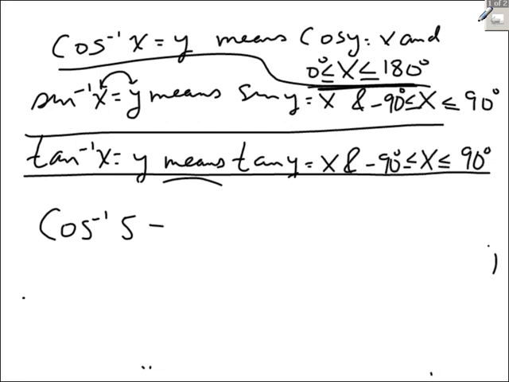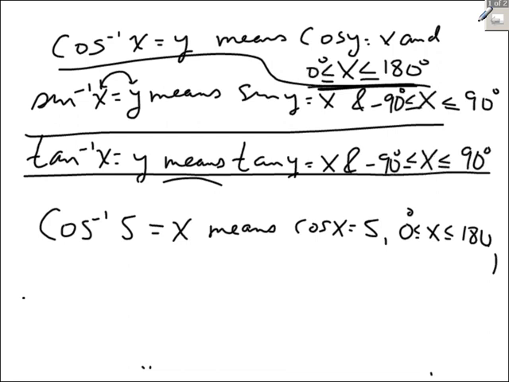Well, call it x. So that means the cosine of x equals 5. And x is in between 0 degrees and 180 degrees.